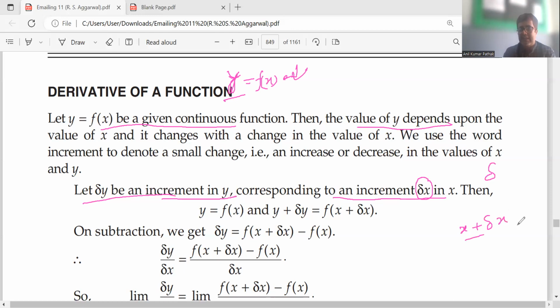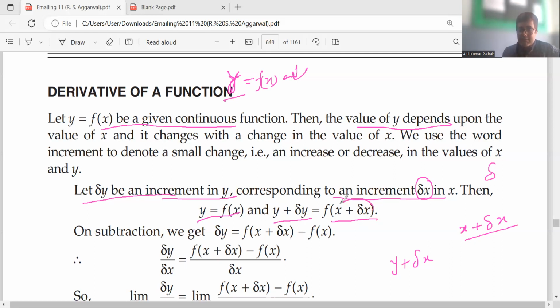If you add delta x to x, the value of y changes to y plus delta y. So we can say if y is equal to f(x), then y plus delta y will be equal to f(x plus delta x).